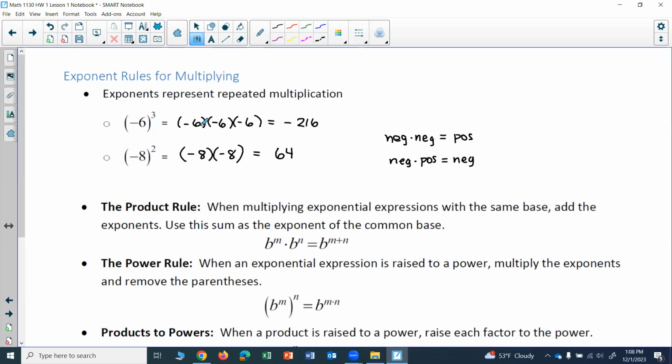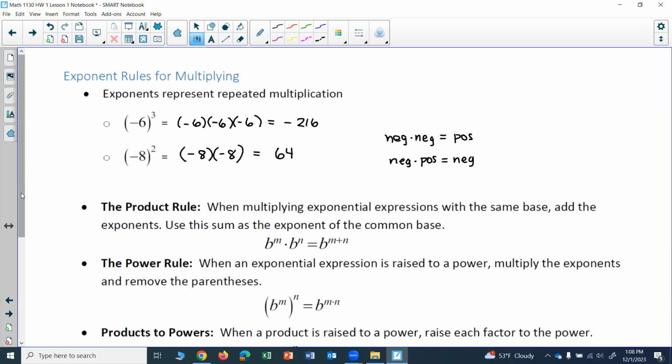So when I was doing -6 times -6, the negative times negative came out as a positive, and then I multiplied again by a negative, so I had a positive times a negative, and that's why the result came out negative. Whereas when I had an even exponent, I got a pair of negatives, so negative times negative, which gave me a positive.